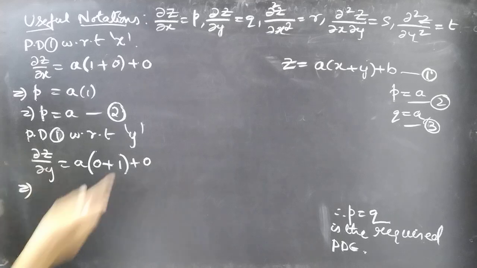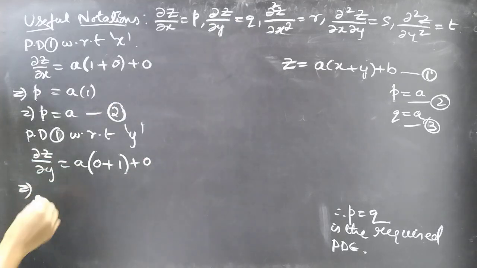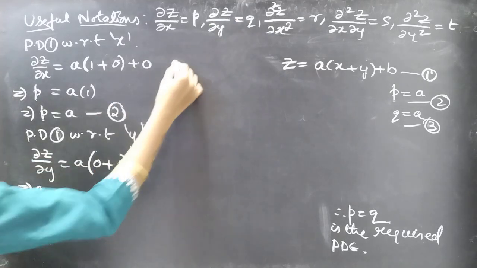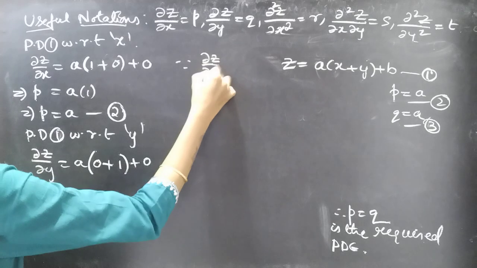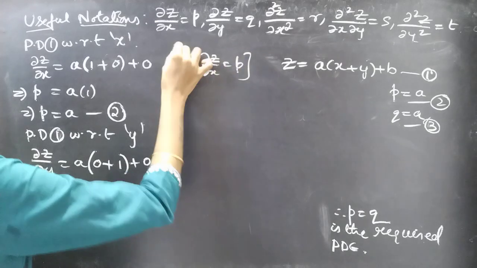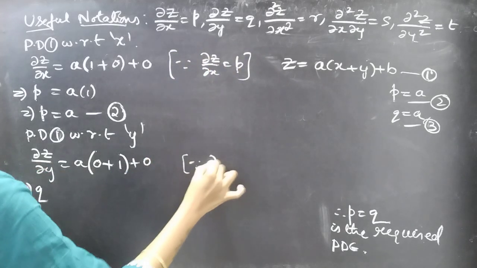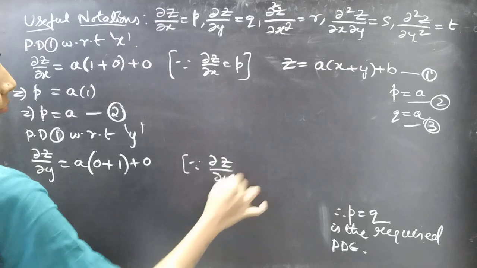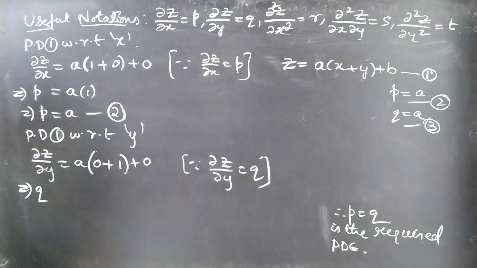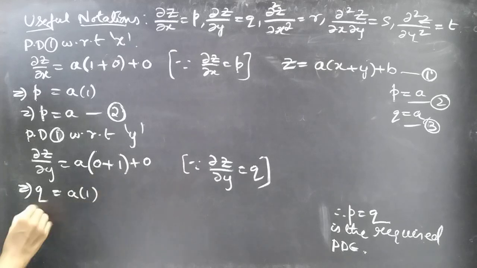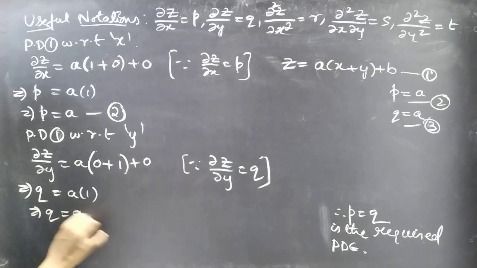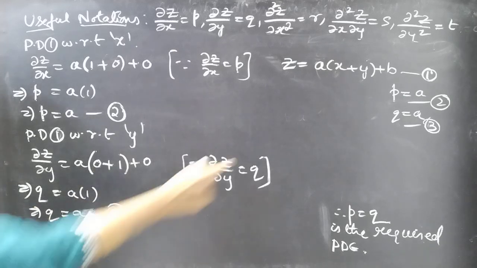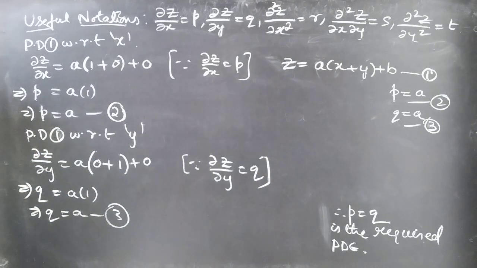Now replace it by the notation q, since dou z by dou y equal to q. This gives a into 0 plus 1, which is 1. From this we get q equal to a, which we have considered as equation 3, right?